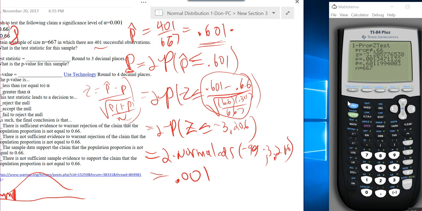Let's go ahead and do second DISTR and go to normal CDF, which is 2, and put in negative 99, comma, negative 3.206.